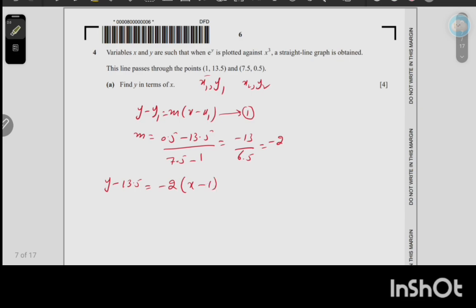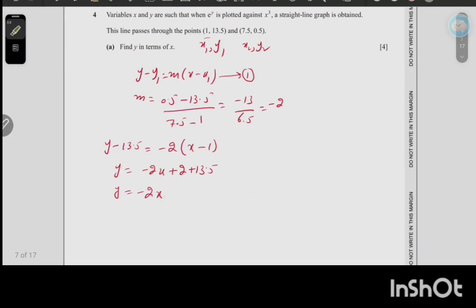Okay dear students, now y equals minus 2x plus 2 plus 13.5. Now y equals minus 2x plus 15.5.